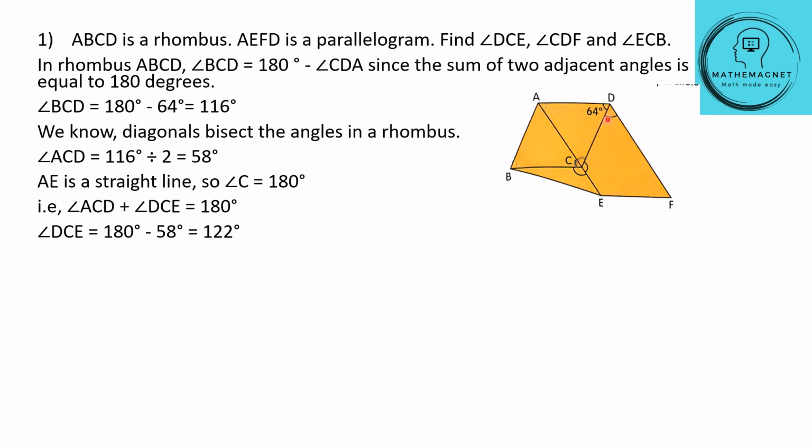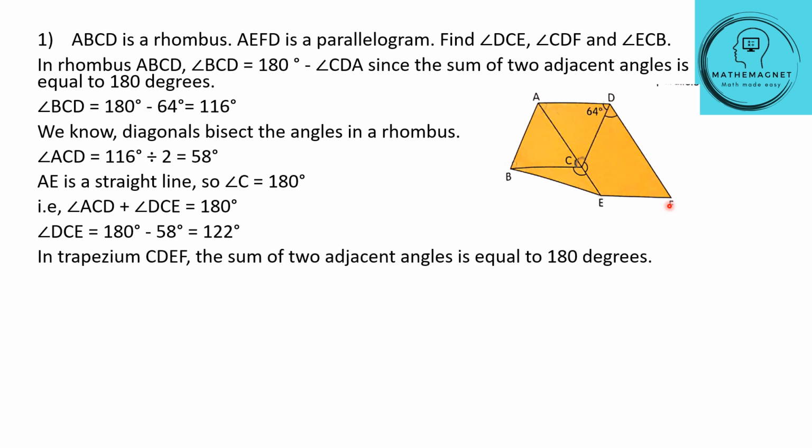Now we will consider DCEF as a trapezium, because CE and DF are two parallel sides, whereas DC and EF are not parallel. So over here in trapezium we know sum of two adjacent angles is equal to 180 degrees.